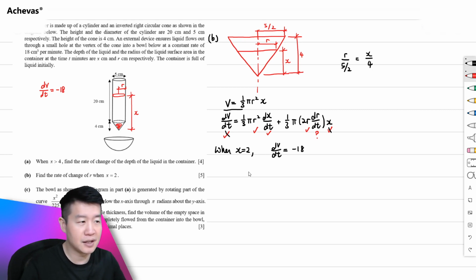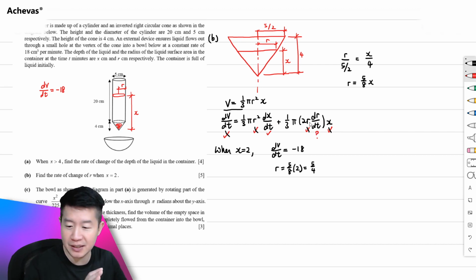So this is done. r I can also find, because from here I know r is going to be equal to 5/2 if I were to multiply across 5/8 x. So r is going to be 5/8 times 2. This is 5/4. So r is also done. dr/dt is what I'm finding, so it would definitely be the last.